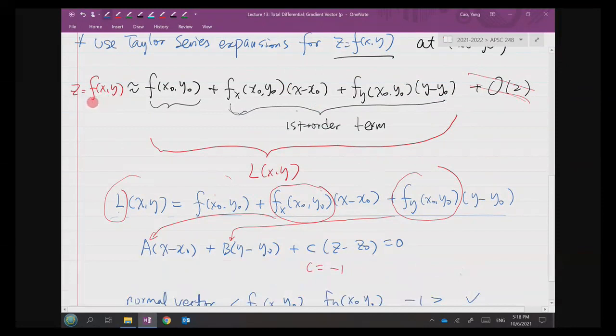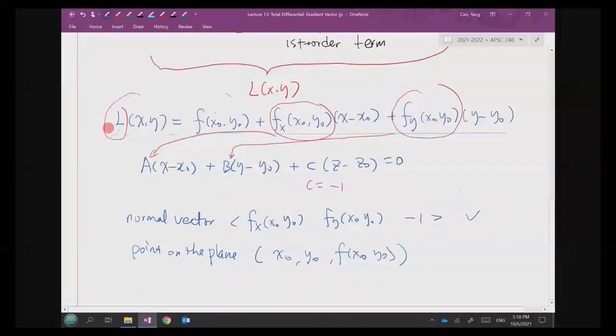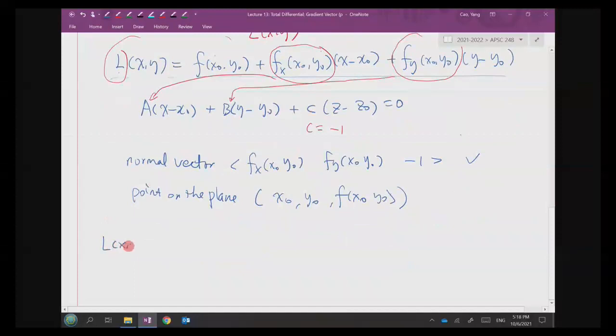That's the point here. This L of x, y is sometimes called a linearization of z equal to f of x, y.